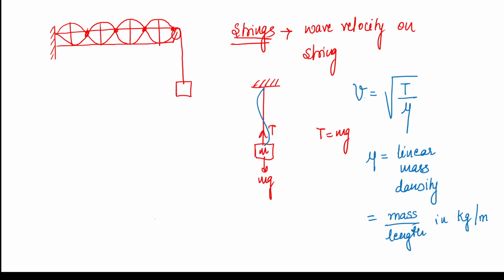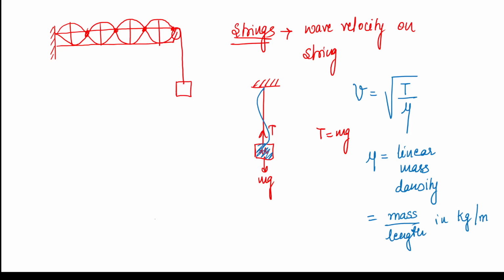So as you can see, the velocity of a wave on a string is square root of tension over mu. So the larger the tension, so if I increase the weight of this mass here, the wave velocity would increase because the tension has increased. So larger the tension, larger is the velocity.